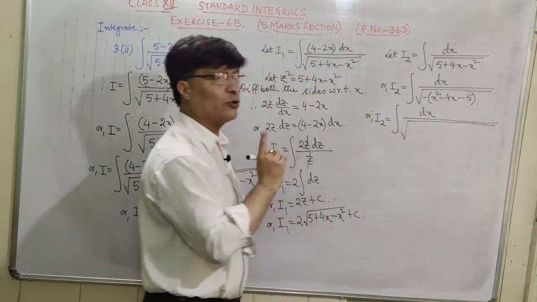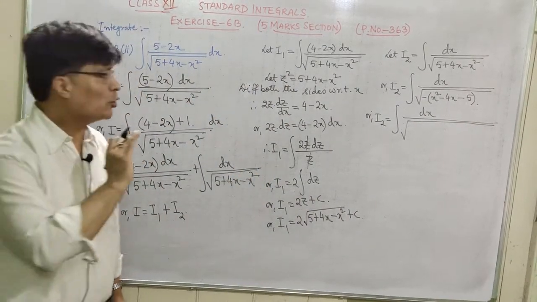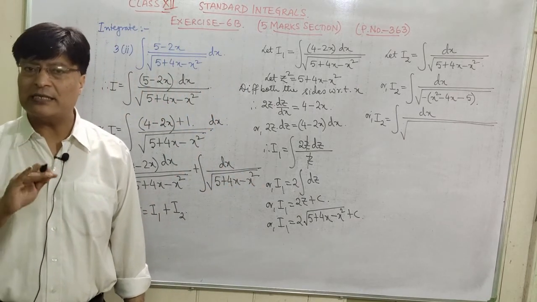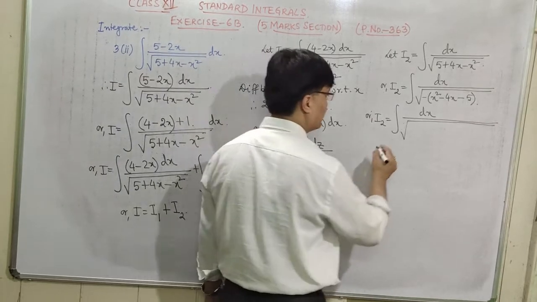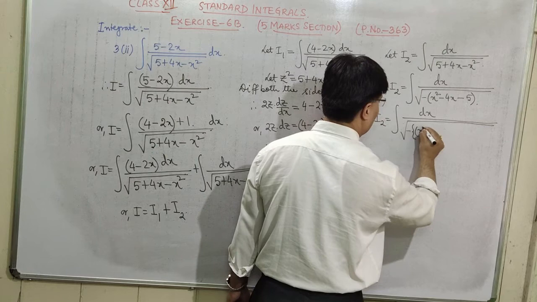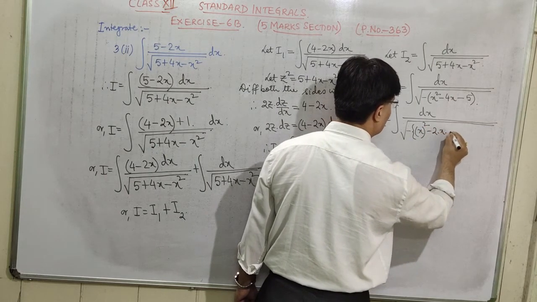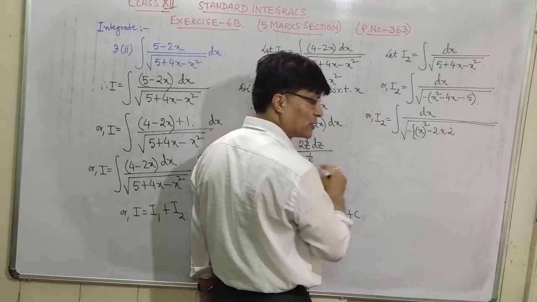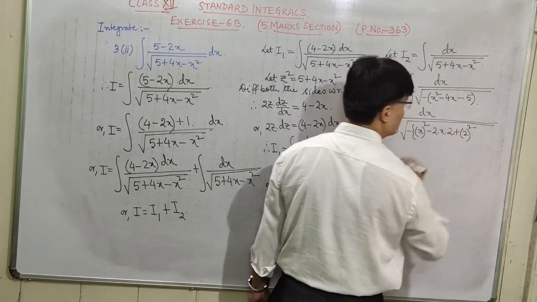So after making the coefficient of x square positive by taking minus common, you can express this x square minus 4x in terms of a perfect square, that is a square minus 2ab plus b whole square. So it is minus, within second bracket, x whole square minus 2 into x into b, where the value of b should be 2 so that it is 4x, plus b whole square, this is 2 whole square.